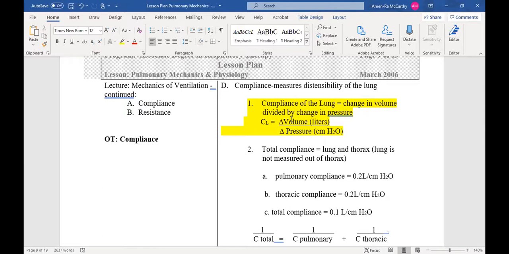Now I'm going to give you the normals for compliance. You have the compliance formula right there: change in volume over change in pressure. Normal compliance is 60 to 100 milliliters per centimeter of water.